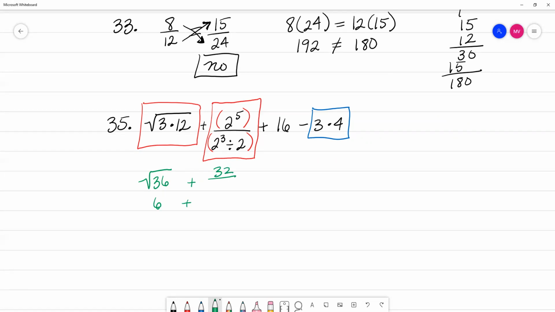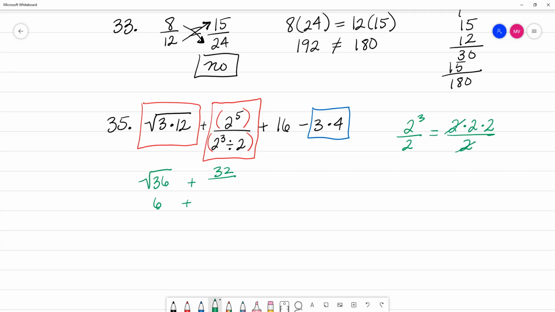Okay, let me show y'all this. Hopefully y'all are working through it with me. Let's look at this denominator, 2 to the power of 3 divided by 2. If you write that out, it becomes 2 times 2 times 2 divided by 2. So 2 divided by 2 is 1.